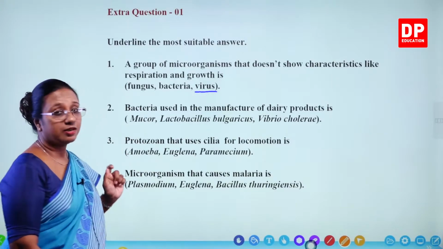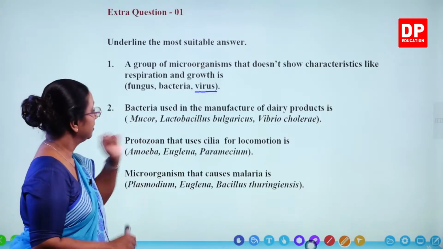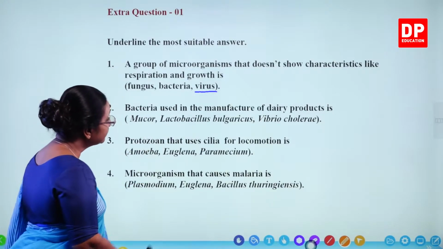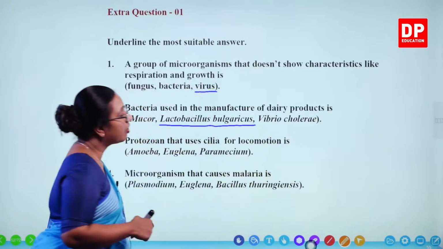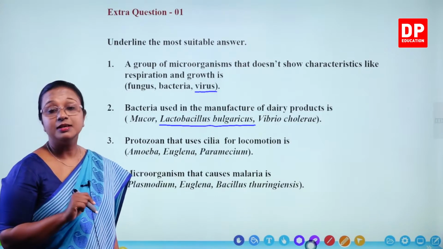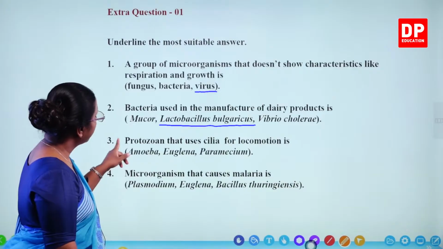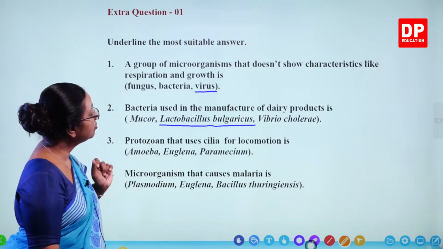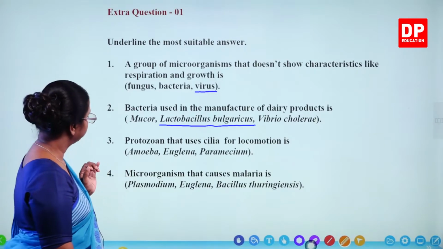Answers, mucor. Where do you find mucor? It grows on bread. So not dairy product. Lactobacillus bulgaricus, that is correct. Then Vibrio cholerae, you know from the name, it causes cholera, a disease. Then the third question. Protozoan that uses cilia for locomotion.